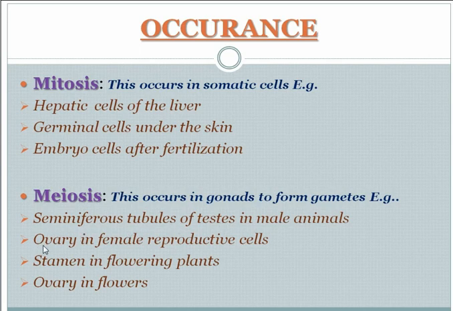In the ovary of the female reproductive organs, you will find that meiosis occurs to form the ovum. In flowering plants, you have the stamen where they form the pollen grains, and the ovary in flowers where they form the ovum. So meiosis is just involved in the formation of the gametes that are involved in reproduction.